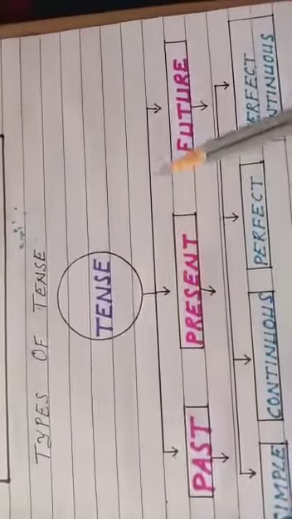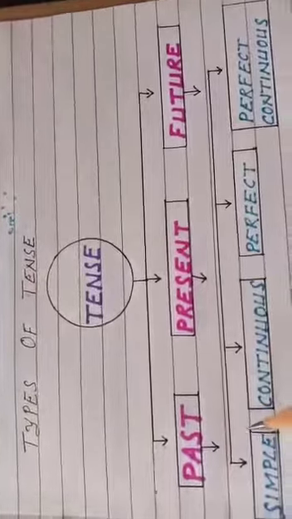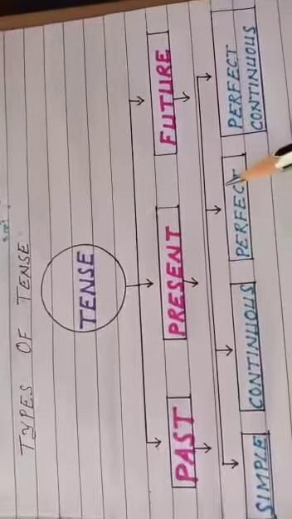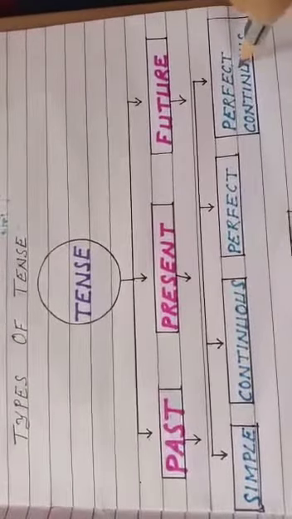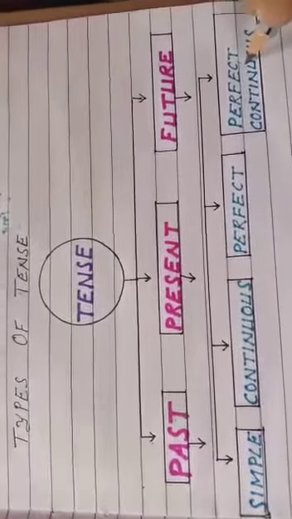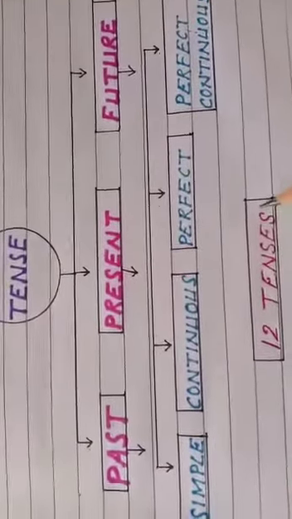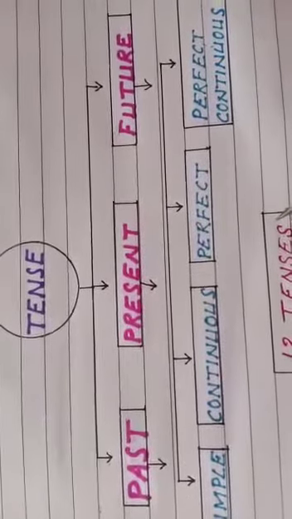Each of these three parents has four sons with the same names: simple, continuous, perfect, and perfect continuous. Combining them all becomes 12 siblings. So in total there are 12 tenses. We are going to learn each of them one by one.